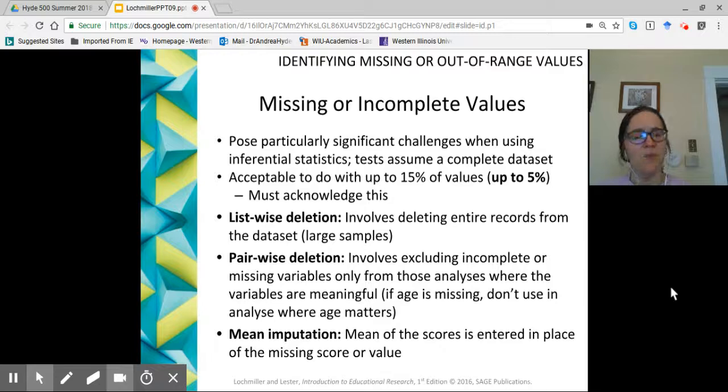Lastly, there's mean imputation. So the mean score is entered in place of the missing scores or values. That's surprising to me, for example. I understand that with a large data set, it might be acceptable to say, well, we have 10 different tests or maybe 100 different tests for this one participant, but scores on 10 are missing, so we're just going to take the average of all her test scores and enter those.